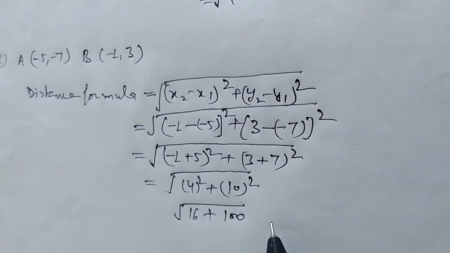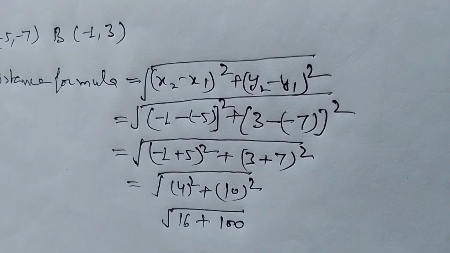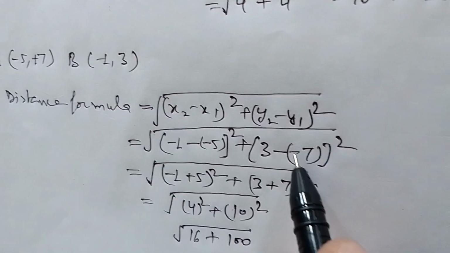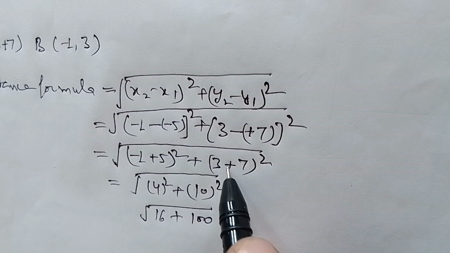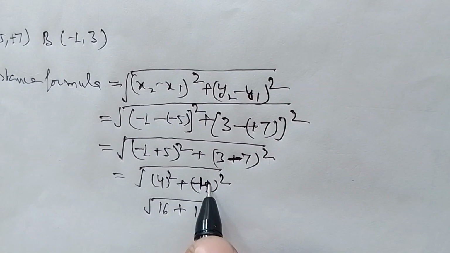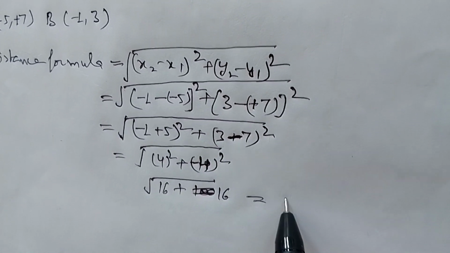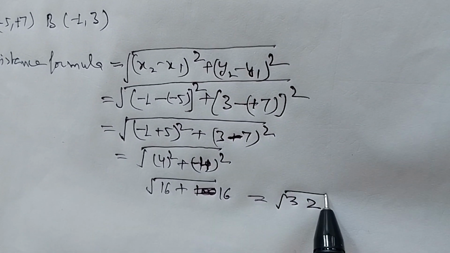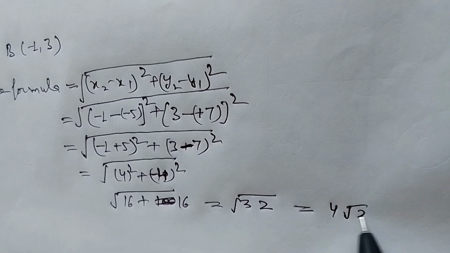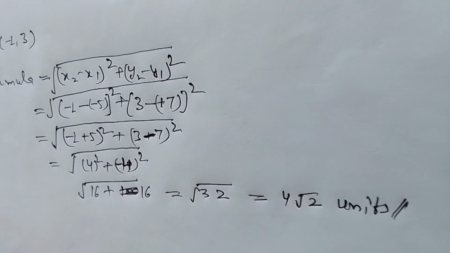Here it is plus 7, so it will become plus 7. It will become negative, so it comes out to be minus 4 square, which also comes out to be 16. So it comes out to be under root 32. Root 32 can be further simplified as 4 root 2 units. So this is the answer of the second part of the question.